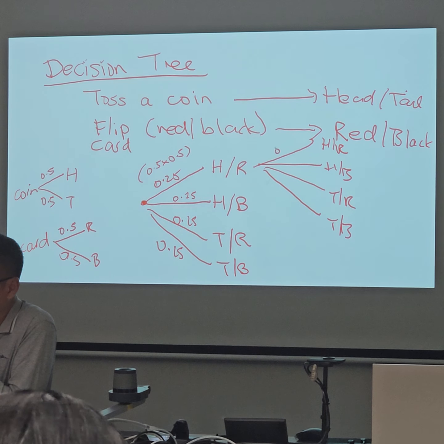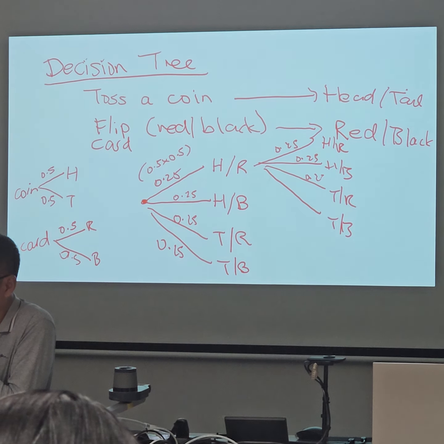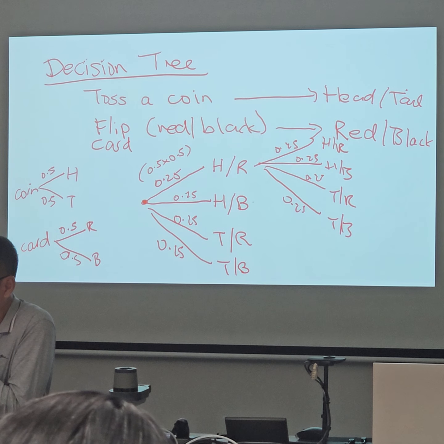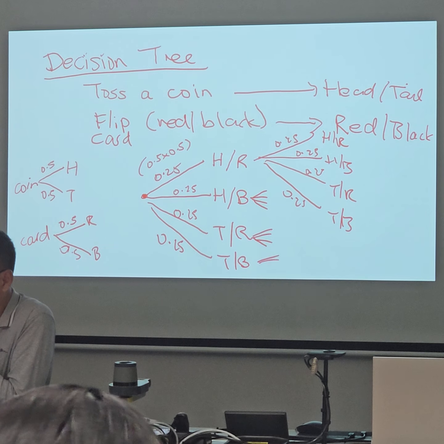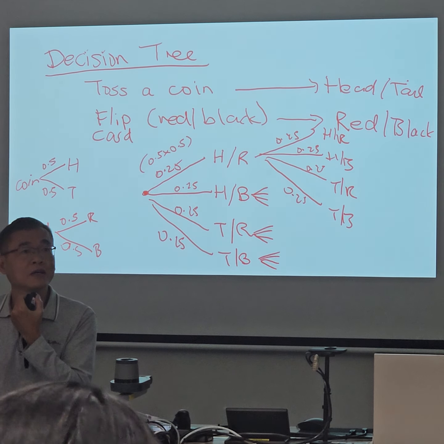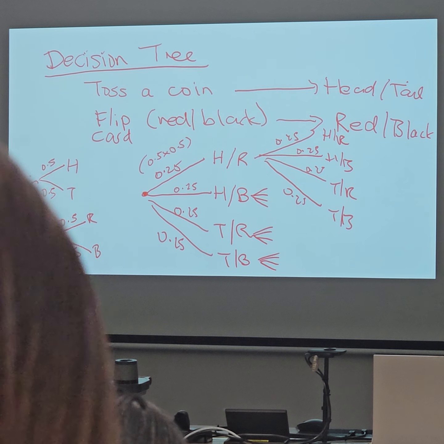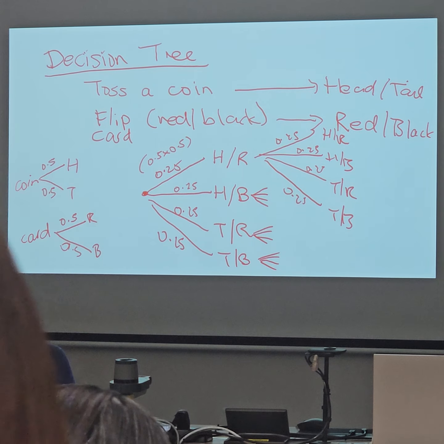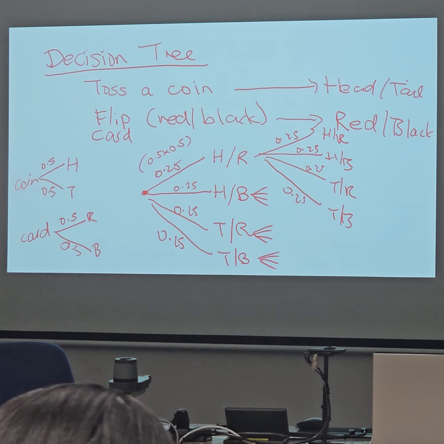Then I will have a probability here of 0.25, 0.25, 0.25, 0.25, and then this one will branch out. Bottom, bottom, bottom, right? Understand? You understand? Okay. This is called a decision tree or tree diagram. You understand?